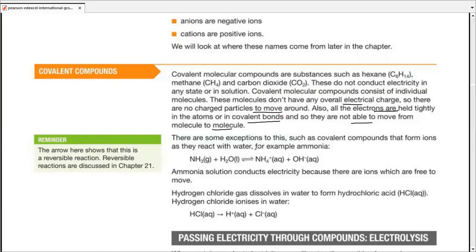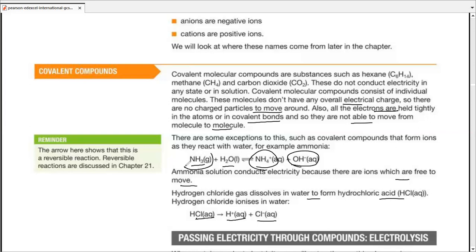Covalent compounds that form ions as they react with water. For example, ammonia, when reacting with water, forms ammonium ion and hydroxide ion. They can conduct electricity because those ions are free to move. In a similar way, hydrogen chloride gas dissolves in water to form hydrochloric acid. Now, this hydrochloric acid in water ionizes to form hydrogen positive ions and chloride negative ions. That way, they are able to conduct electricity.